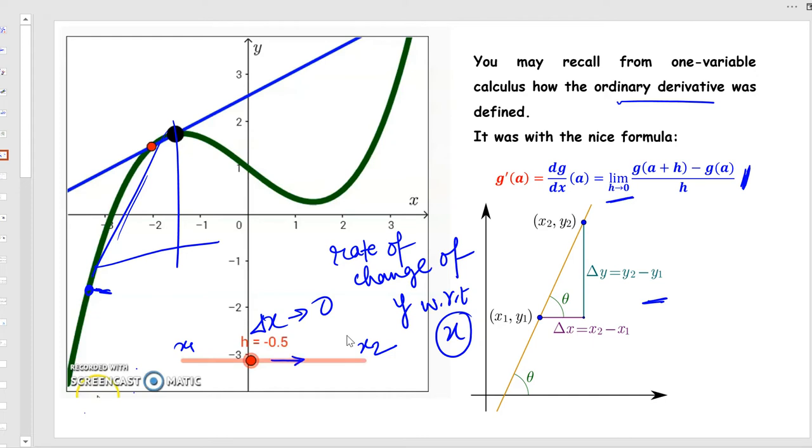So whenever you move here, from 2 to minus 2, if you change these values, then we can see that the derivative, the limit, is actually equal to the functional value at this point.